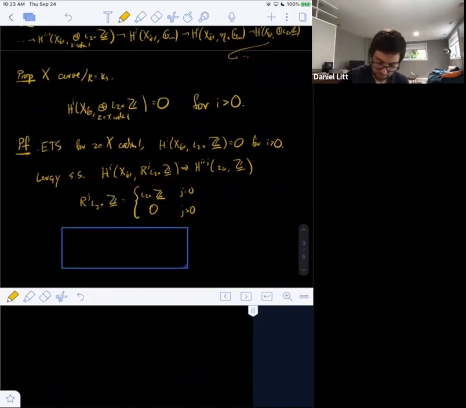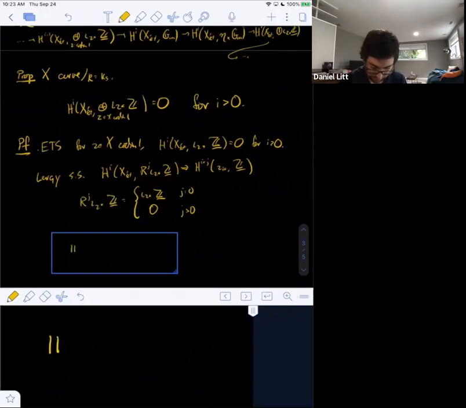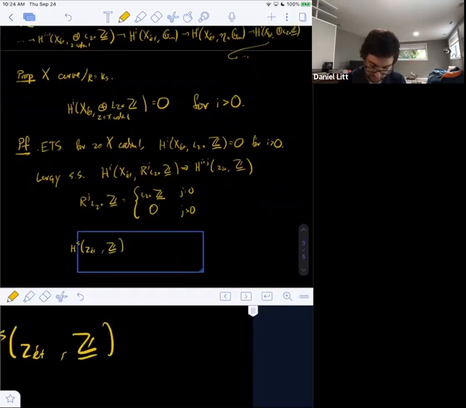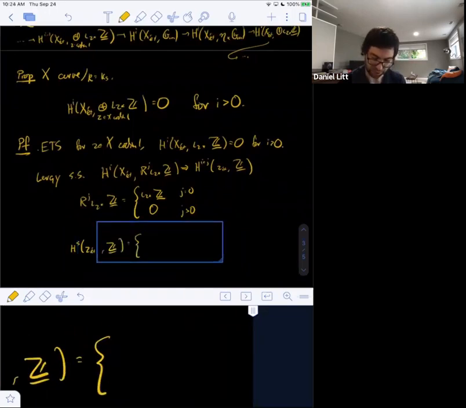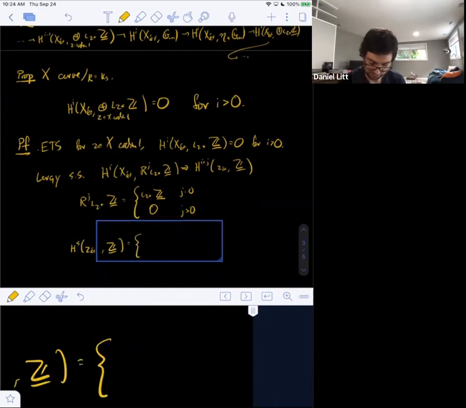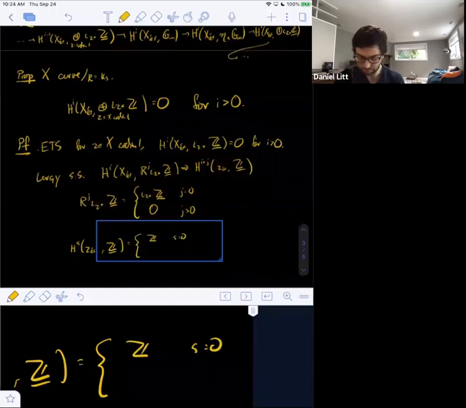Great. So let's now compute H^s of Z étale with Z coefficients. So here Z, just remember, is a closed point of a curve over an algebraically closed field. So for s equals 0, this is just Z, right? It's global sections. What about for s bigger than 0?